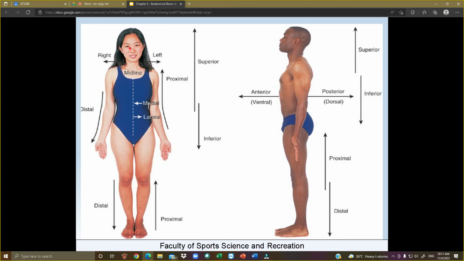If we compare the eyes and the nose, which one is proximal, which one is distal? Mata, hidung. Dua-dua dekat muka. Which one is proximal, which one is distal? The nose is proximal. The eyes will be distal. Tu proximal dengan distal.